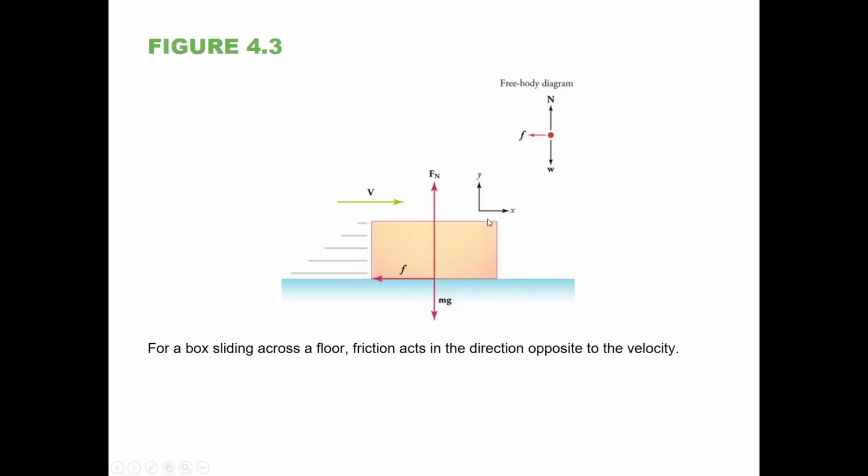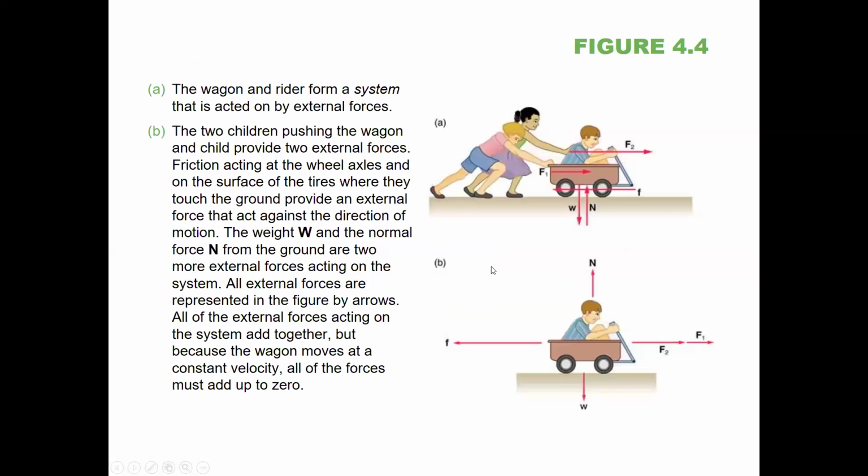So if we change our movement from west to east, and we go east to west, the friction direction will change. So it would point in the other direction. So friction is always opposing our natural direction of motion.